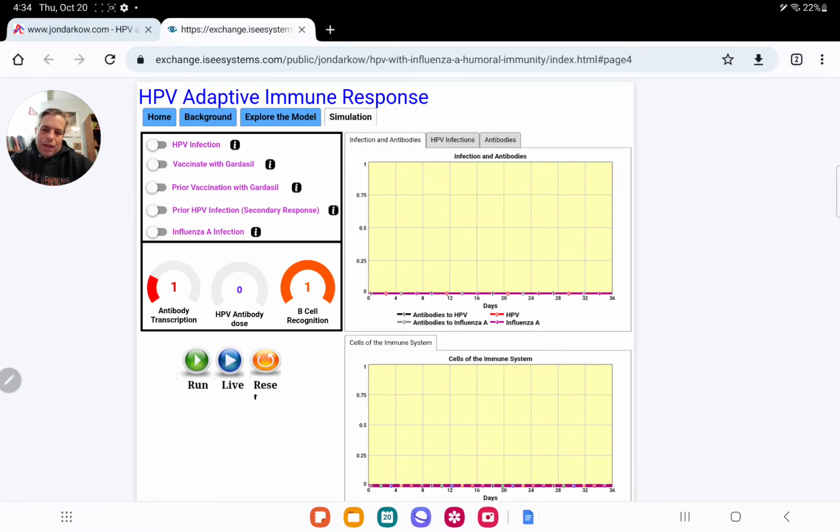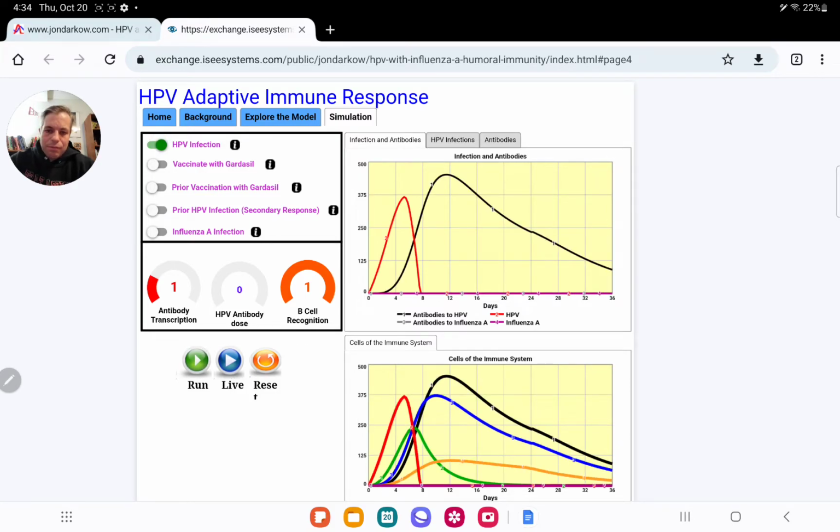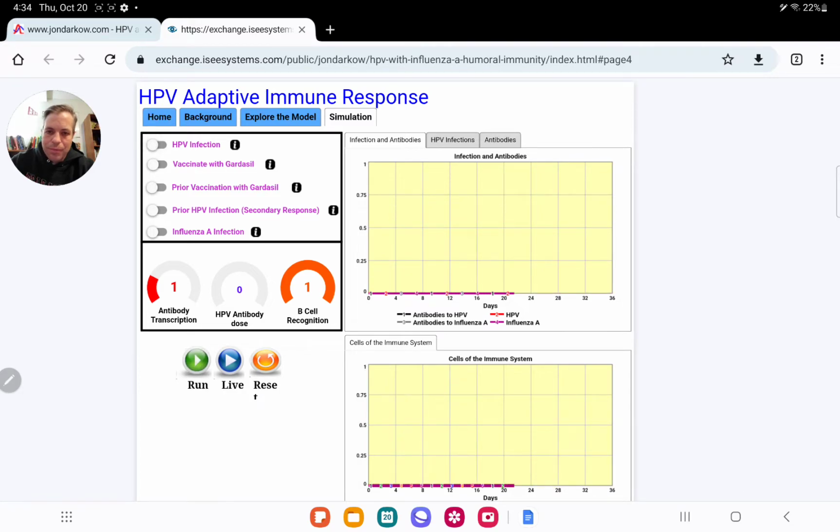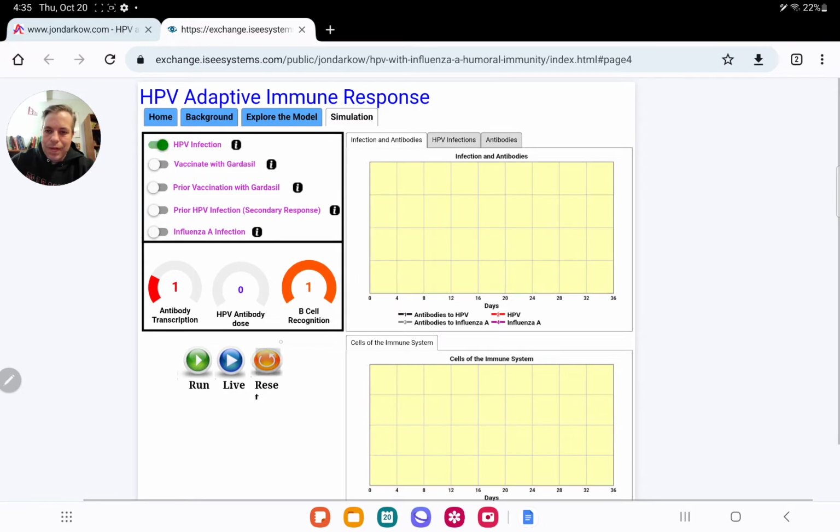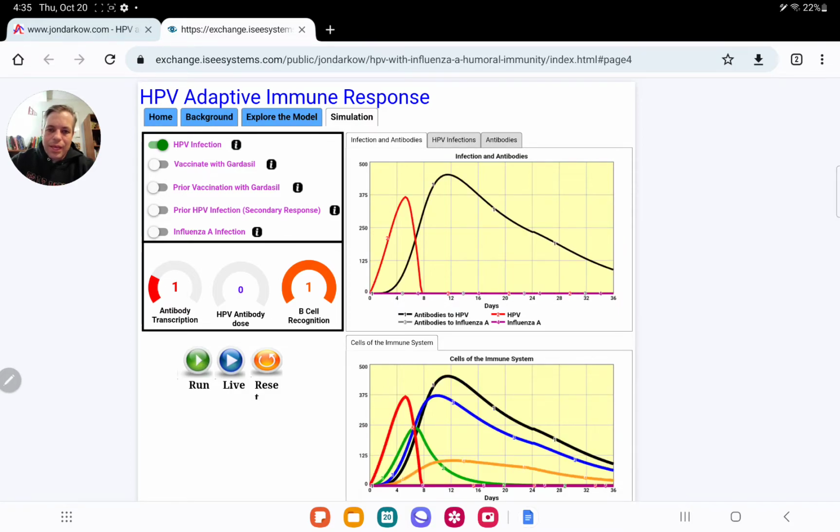With the infection, the HPV rises, and antibodies rise afterwards. Without an infection, nothing happens, since there's no immune response. Now we'll reset this. Now here is the HPV infection, but let's do a prior vaccination with Gardasil.